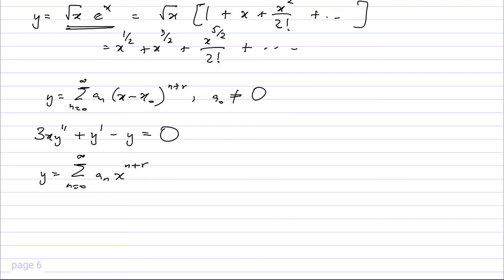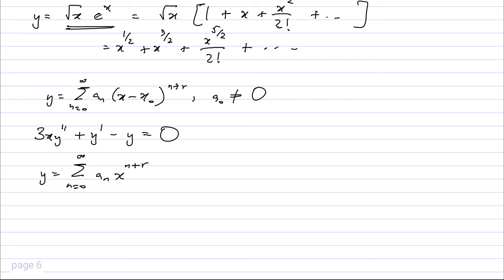Remember, if you can find one solution of such a form, you can always find the other solution, as in the last video. If you find one solution to your homogeneous second order linear equation, you can always find the other linearly independent solution. It might be the case that both solutions are of this series form, but it may not be the case.